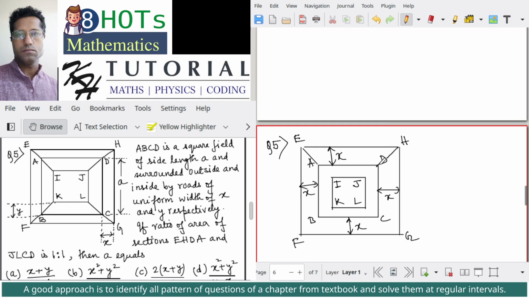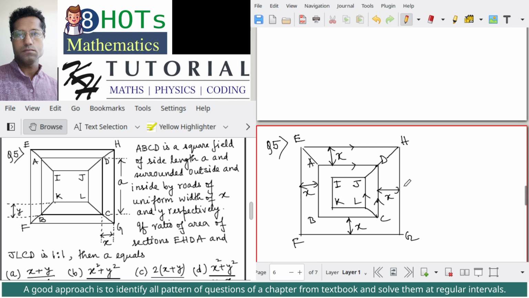Please note that EHDA will be a trapezium, since obviously these two are parallel. This is the section EHDA. Also the other section, JLCD, will also be a trapezium where JL is parallel to DC. If the ratio of the areas of these two sections is 1:1, it is asking to find what A is.